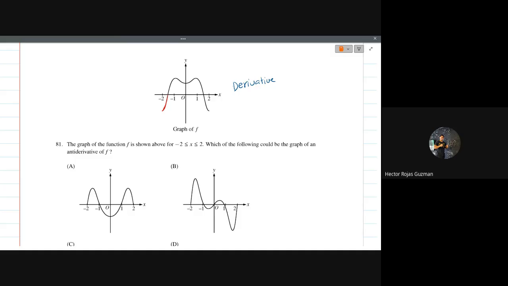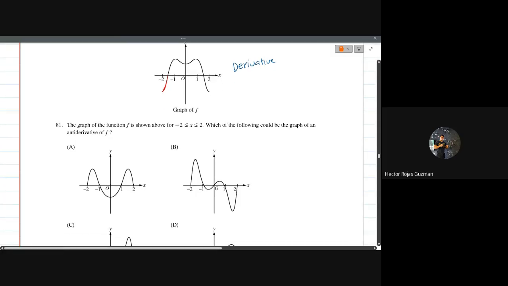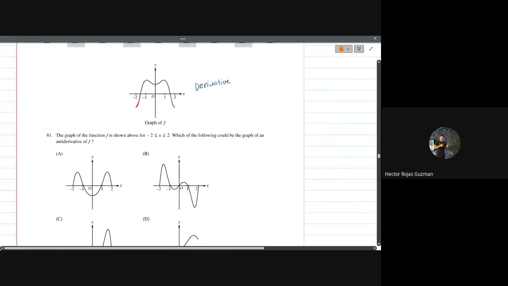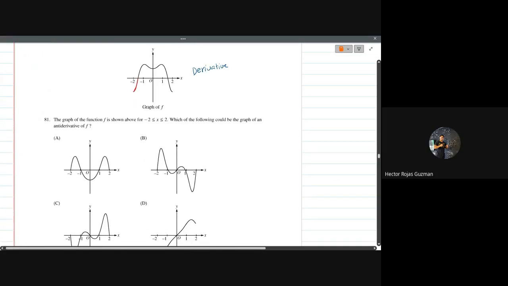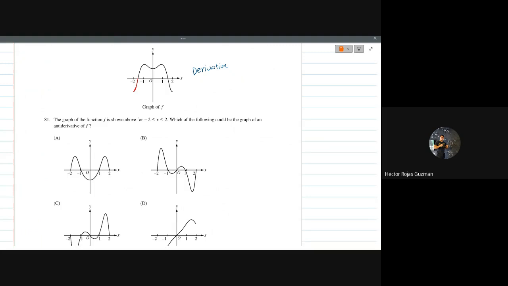And because the derivative is negative, our graph has to be below the x-axis. So, no, I said it backwards. Because our derivative is negative, the antiderivative is going to be decreasing. A is increasing, so it's wrong. B is increasing, so it's wrong.